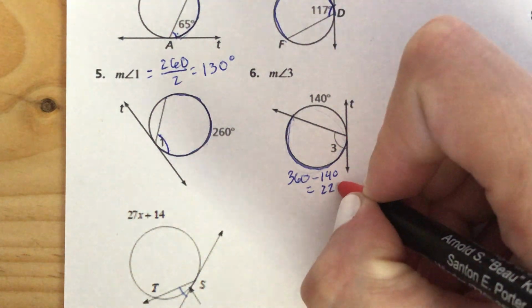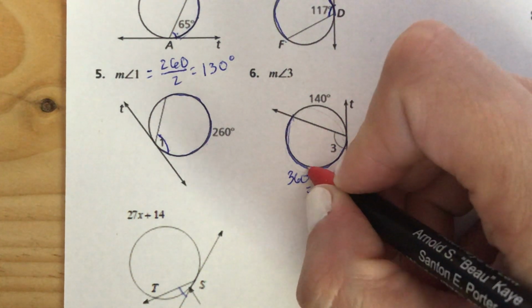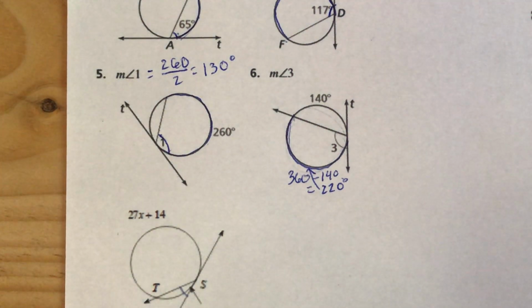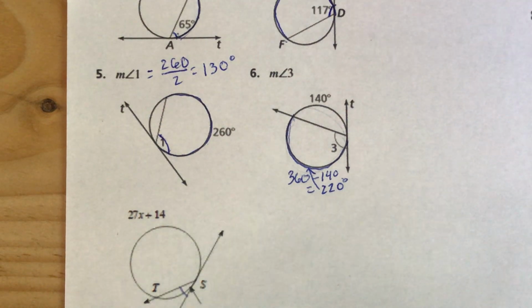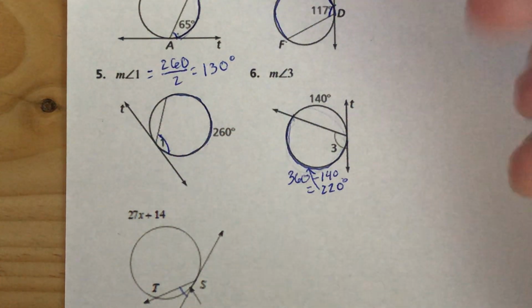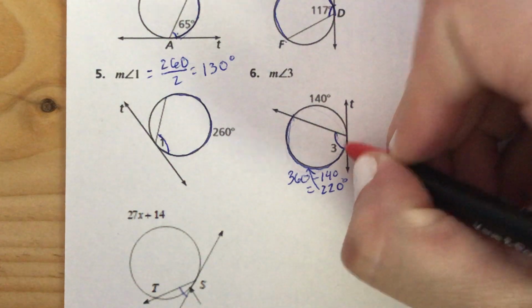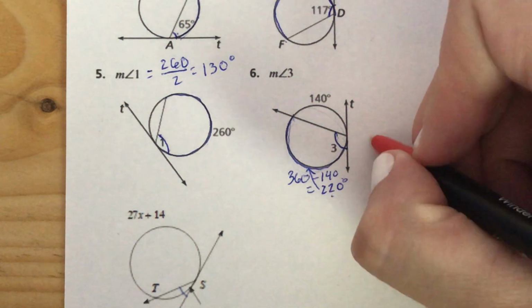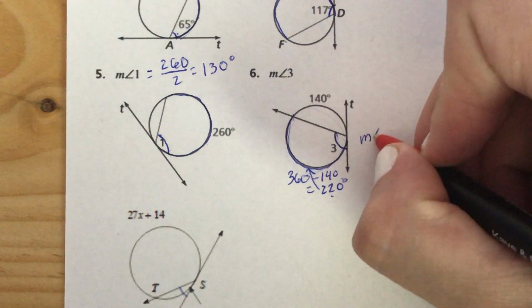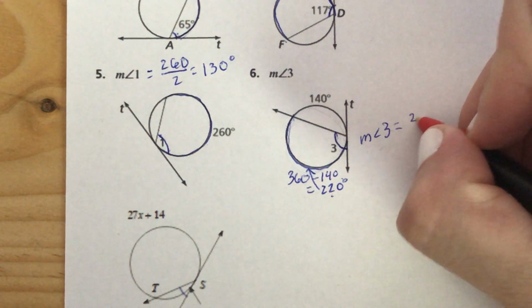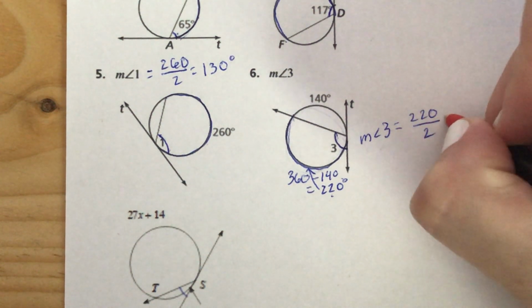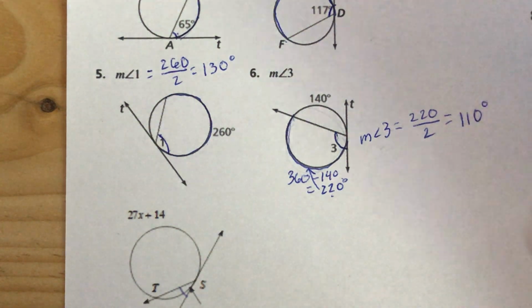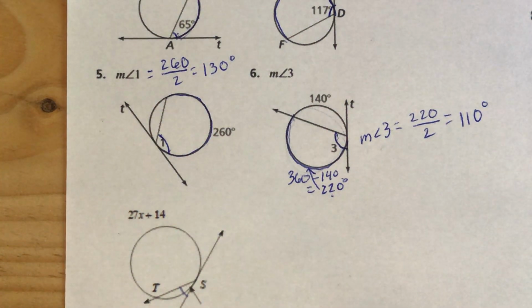So 220 is now what I have for that arc length. Then it becomes the same type of problem that we did over here. If we know this whole arc length is 220 degrees, the measure of angle 3 is 220 divided by 2, or 110. Okay, that's it.